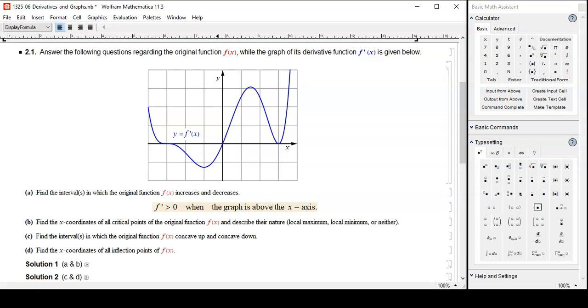The derivative is positive when the graph above, which is the graph of the derivative function, is above the x-axis. So around here, the graph is above the x-axis, so derivative is positive. Around here, the derivative is positive. Here, derivative is negative.